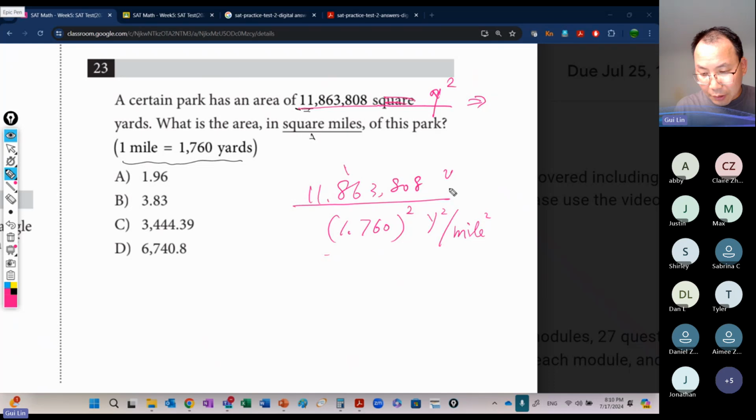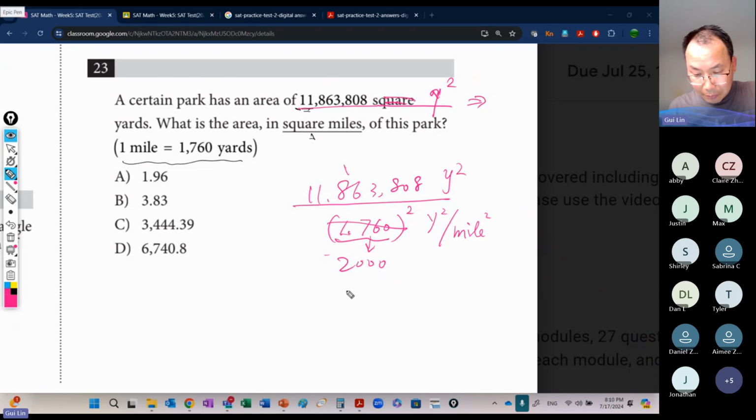So here the square is divided here. Do some transformation. You can use a calculator to make it easier, but you can also do some estimation. Here is around 2,000, close to 2,000, right?